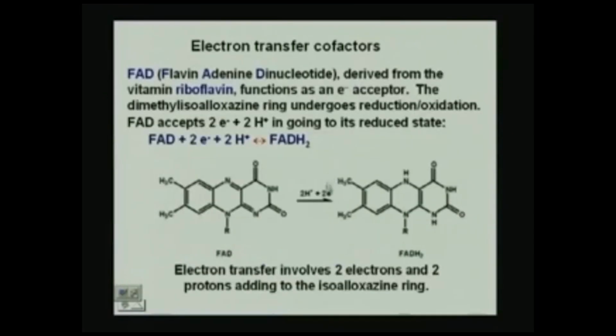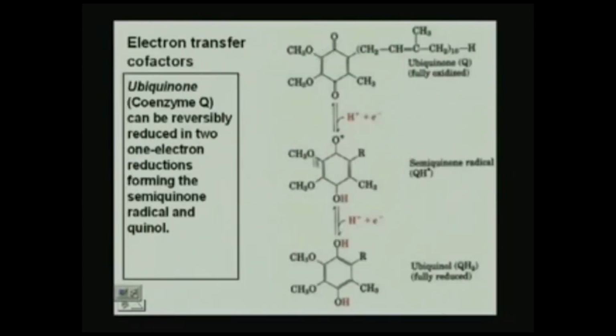But in this case, for FAD going to FADH2, you again need 2 electrons for the reaction to go from FAD to FADH2. So, there is no intermediate as such, but in coenzyme Q, this intermediate semiquinone is possible. And because of this semiquinone radical, it is possible for it to pick up a single electron and a single proton, which makes it more versatile in its use.